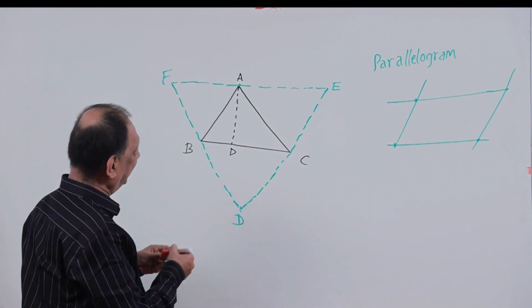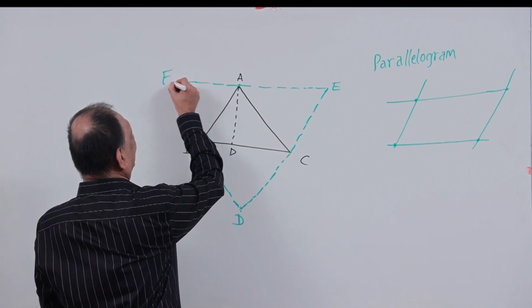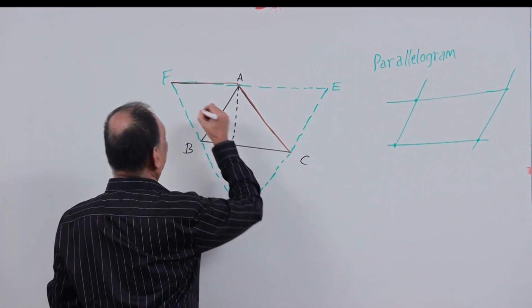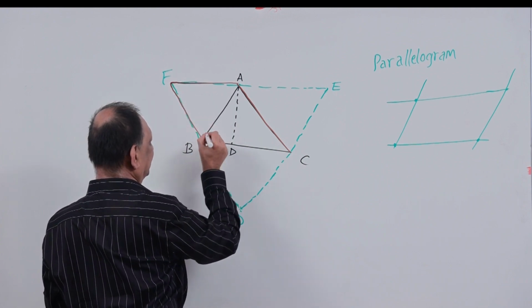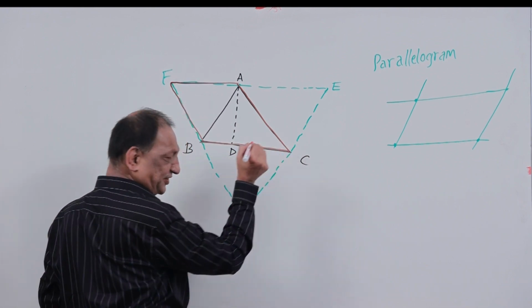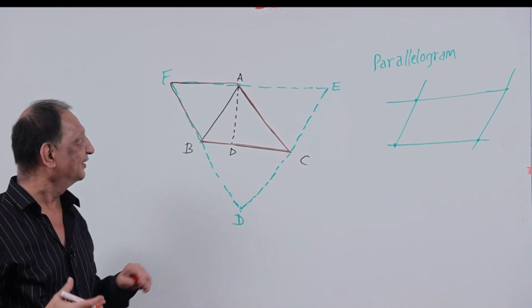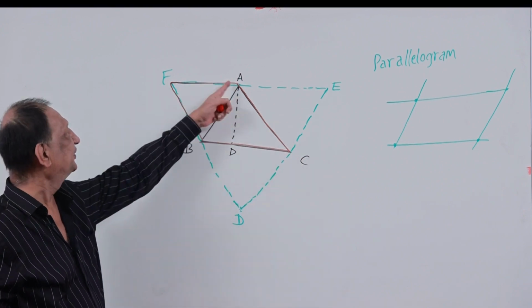Okay, let's look at one example. Let me show here. One is this itself. This is a parallelogram. Of course, we should also get a matching parallelogram for proving the theorem. I got one parallelogram which is AFBC.